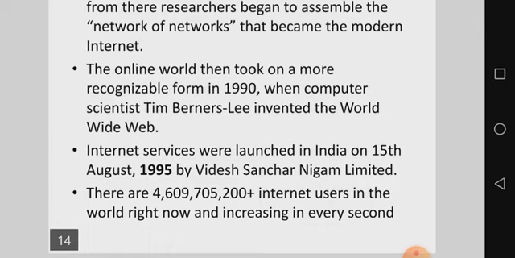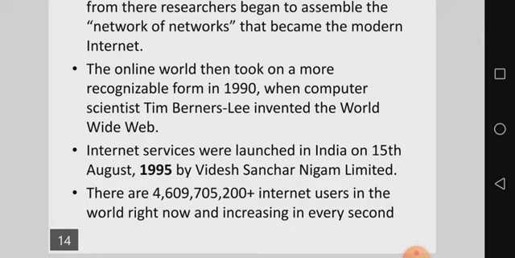The World Wide Web is one of the biggest inventions in the history of the internet, because these days it plays a very vital role in the work of the internet. Again, this topic will be discussed later on separately. Internet services were launched in India on 15 August 1995 by VSNL, Videsh Sanchar Nigam Limited.